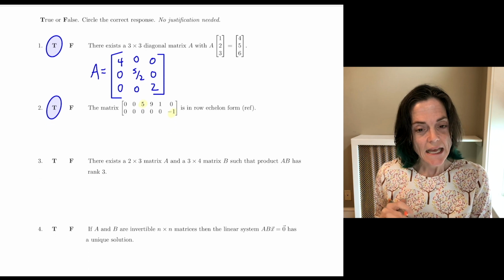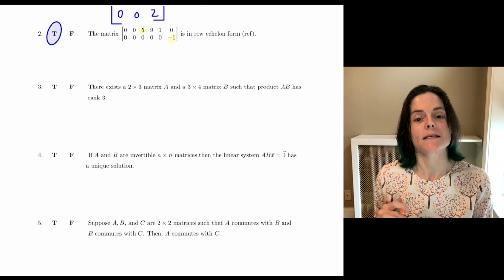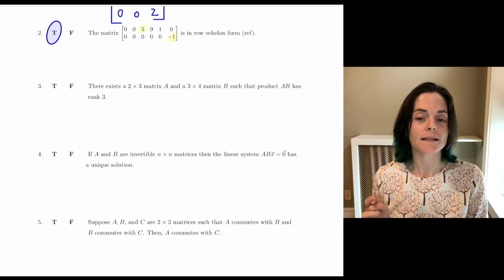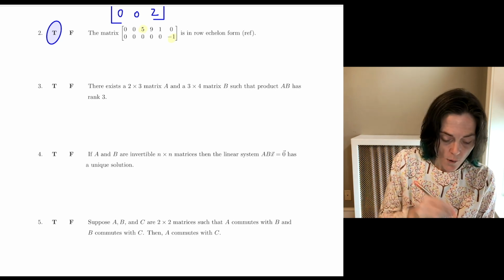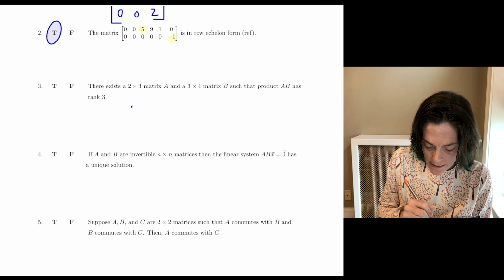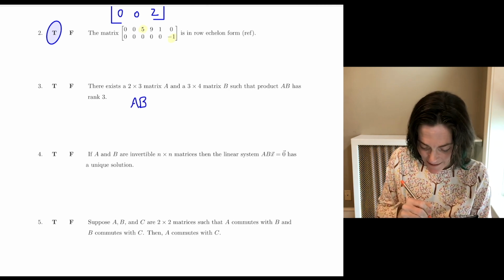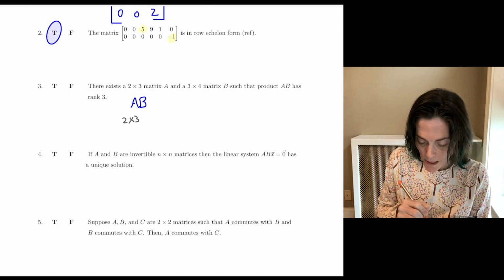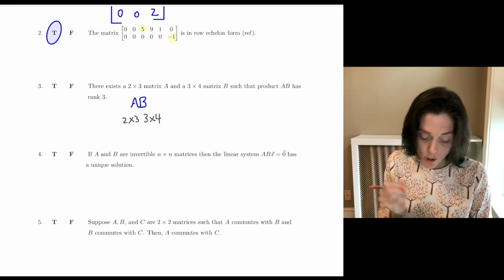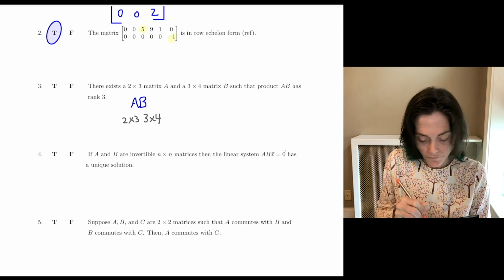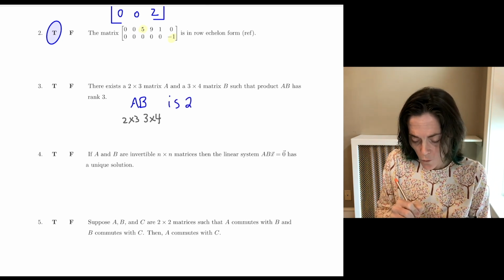Wonderful. Number 3, there exists a 2 by 3 matrix A and a 3 by 4 matrix B, such that the product AB has rank 3. Well, we can think about the size. If A is 2 by 3 and B is 3 by 4, certainly we can make the product, but you notice that AB is 2 by 4.